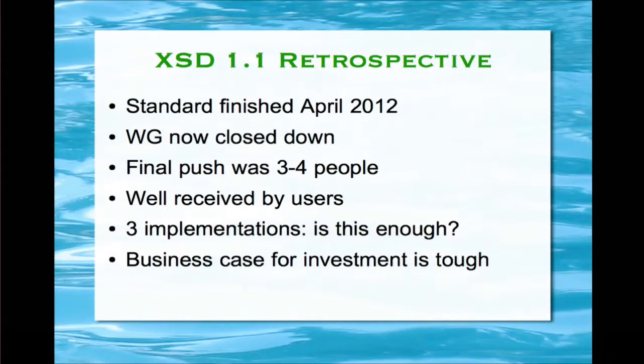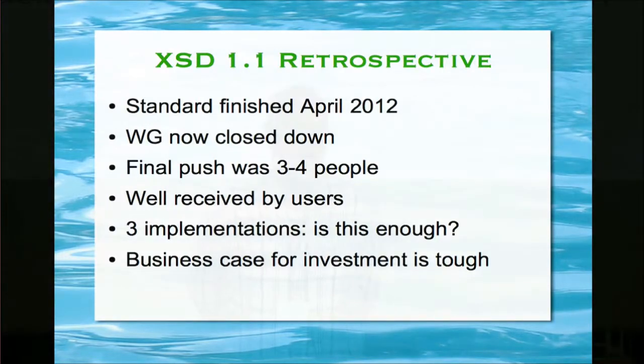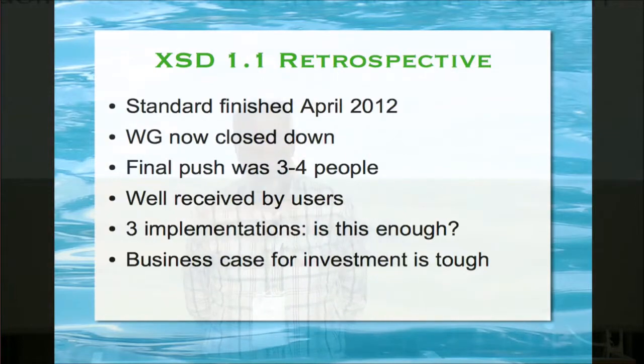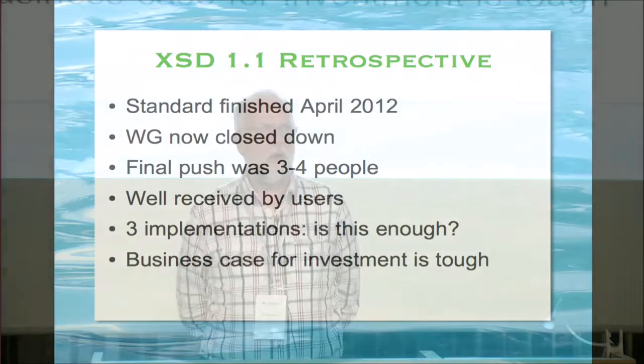And XSD 1.1, as the .1 suffix indicates, was an attempt to patch the gaps. It was also very successful at a technical level in doing that. I think XSD 1.1 was well received by anyone reviewing the spec as something that remedied most of the deficiencies of 1.0 within the constraints of being a forward-compatible extension.